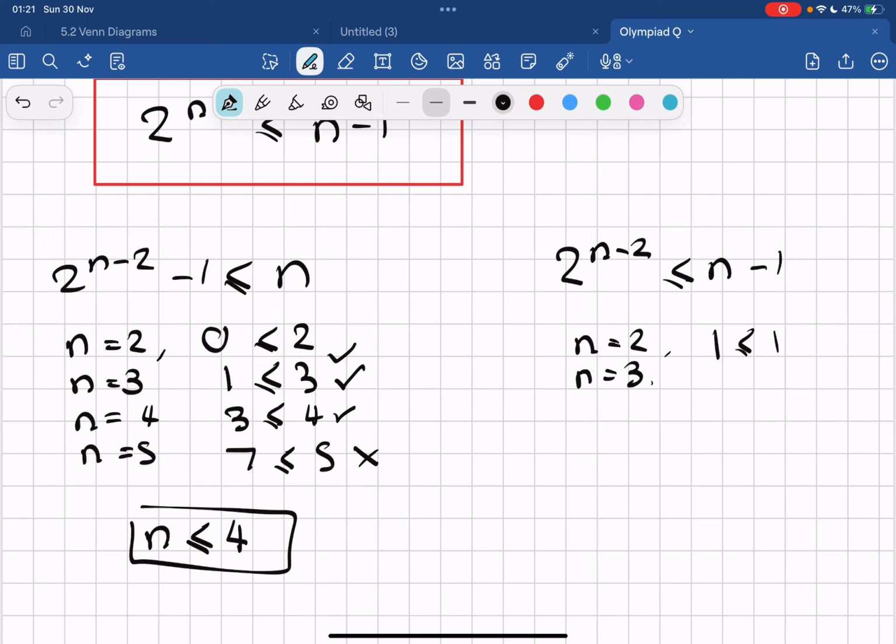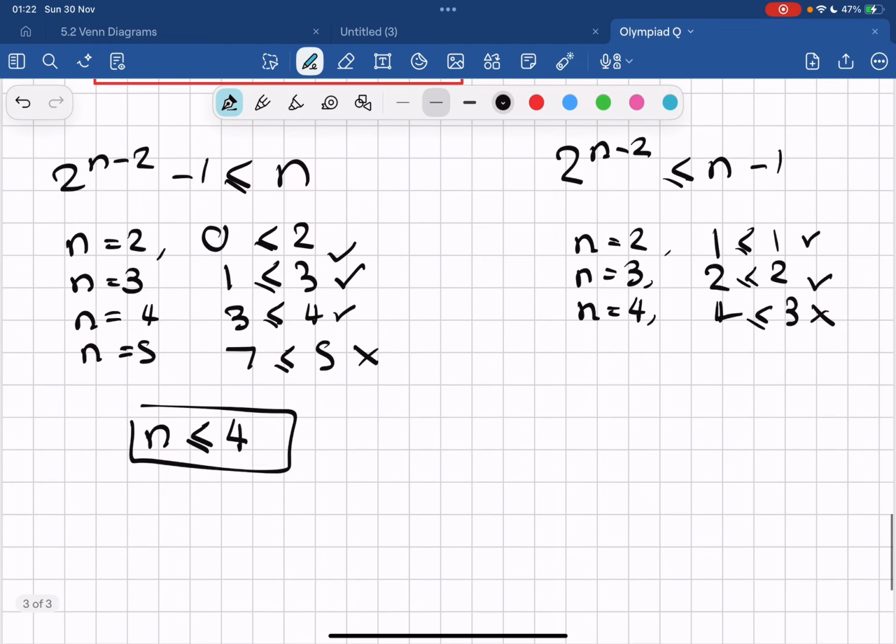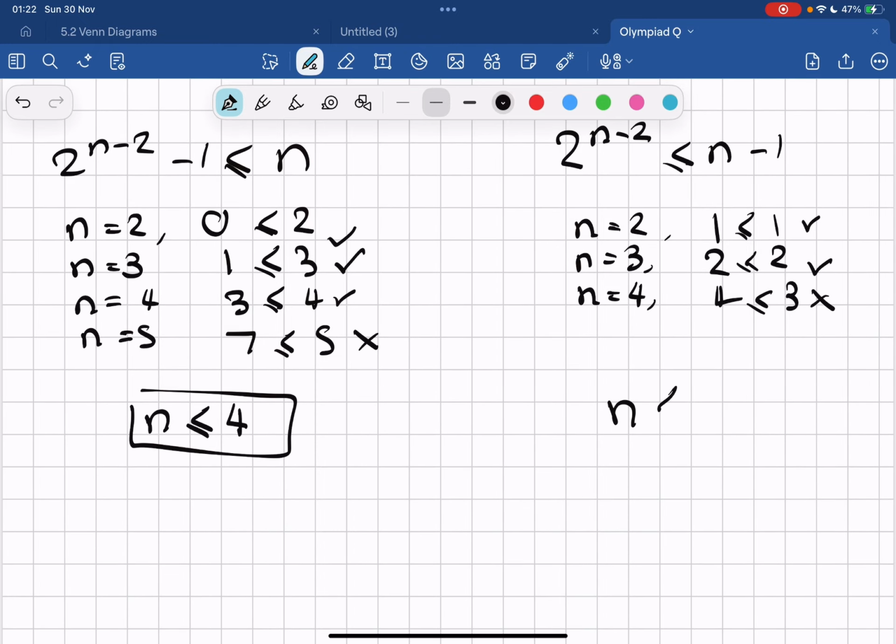N equals 3, we get 2 to the 1, 2 is less than or equal to 2. That works. When n equals 4, we get 2 to the 4 minus 2, which is 4, less than or equal to 3, which doesn't work. So our inequality only holds true for when n is less than or equal to 3.